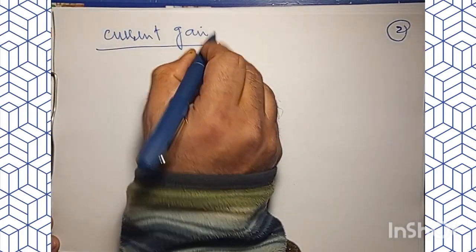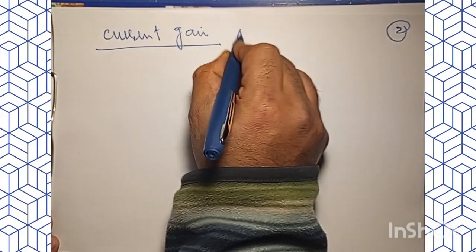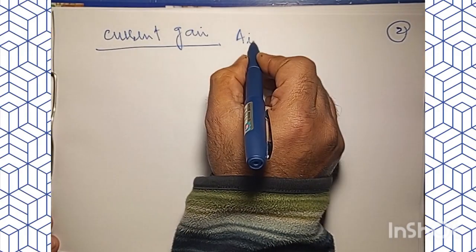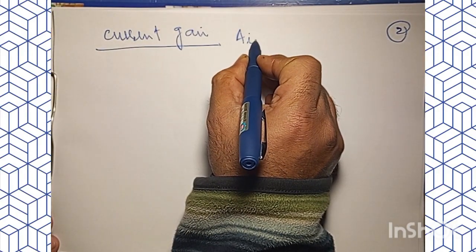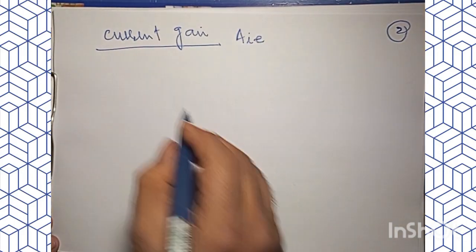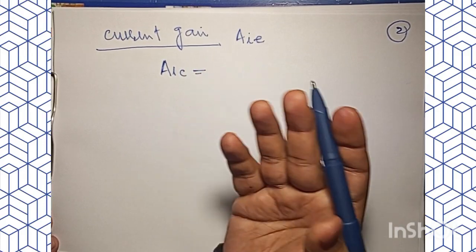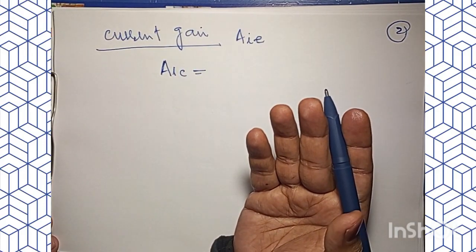Now, what is current gain? I would like to symbolize it as AI. Since I'm using the common emitter configuration, I will use AIE. So this AIE is basically the ratio between the output current and the input current.